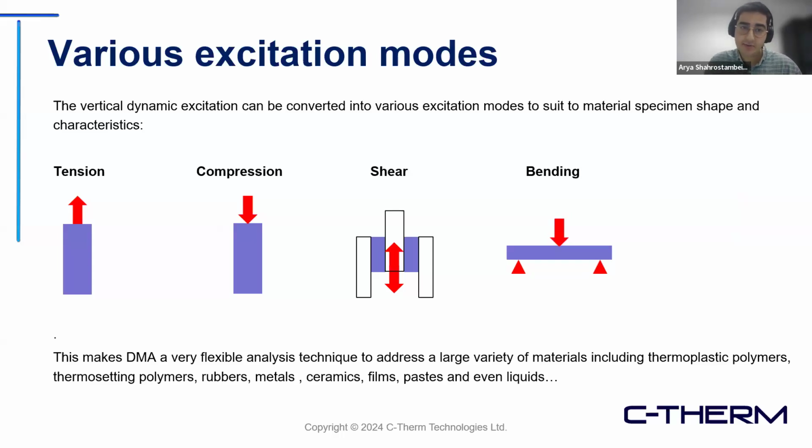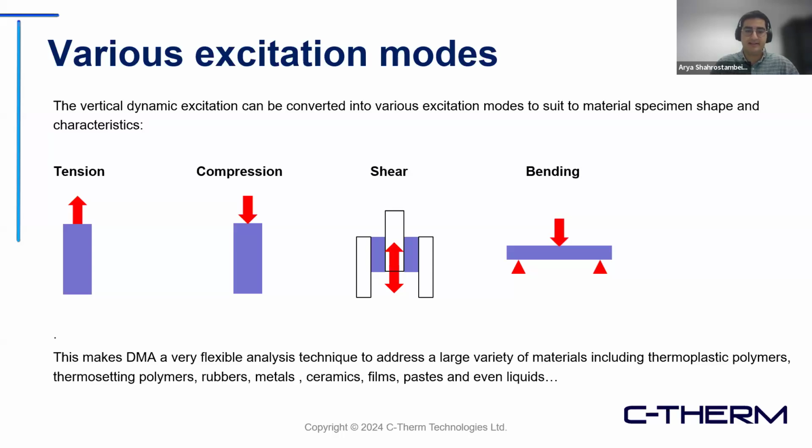So now let's talk about various deformation or excitation modes. DMA deforms your sample in vertical dynamic excitation, and it can occur in different ways: tension mode, compression, shear, and bending.